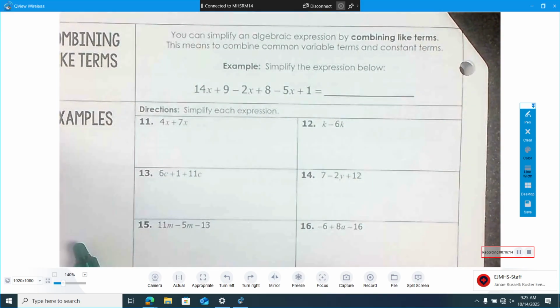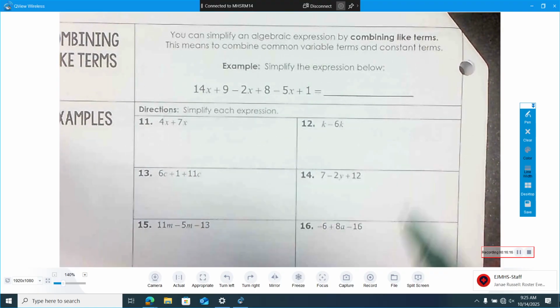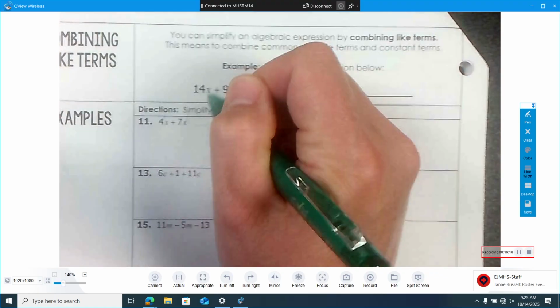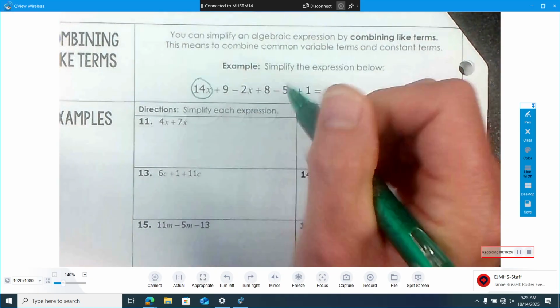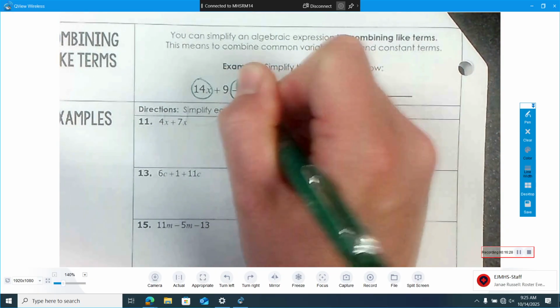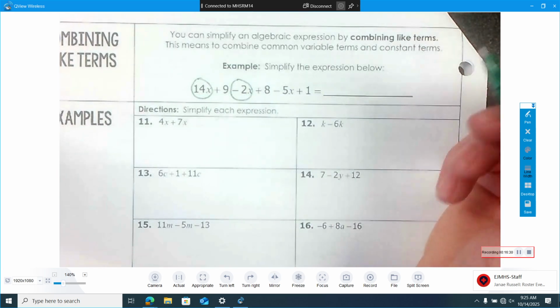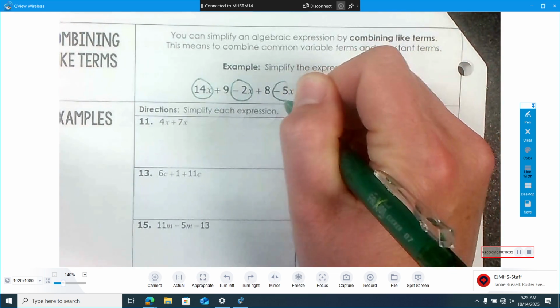So I'm going to take my lovely little variables and combine them. So if I have 14x, what else is that going to combine with? What's this? -2x. Very good. And then we also have a -5x.